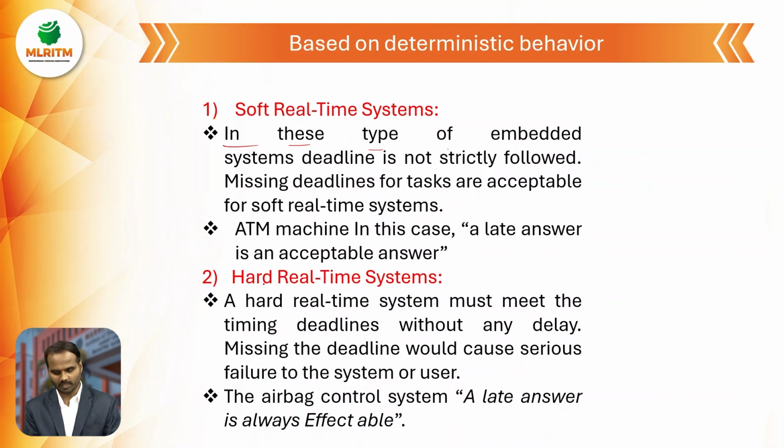Going to the second classification, hard real-time systems. A hard real-time system must meet the timing deadlines without any delay. In soft real-time, some delay is acceptable, but in hard real-time systems, we must meet the timing deadlines without any delay.